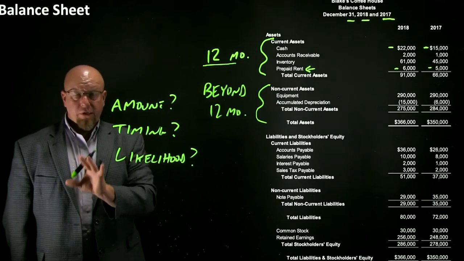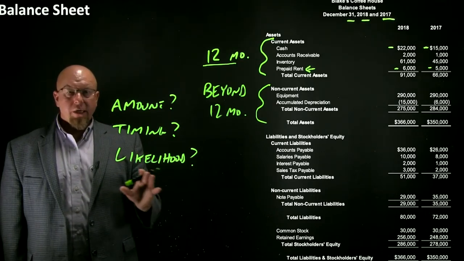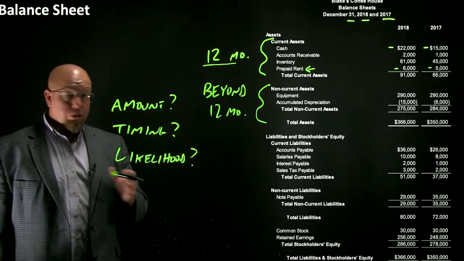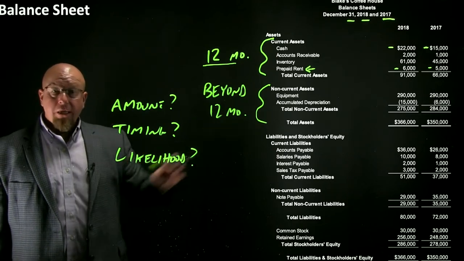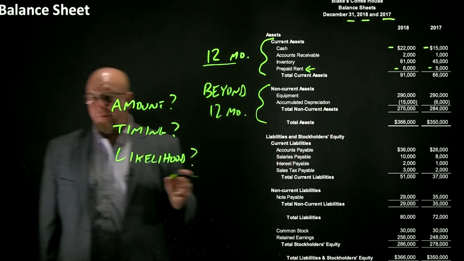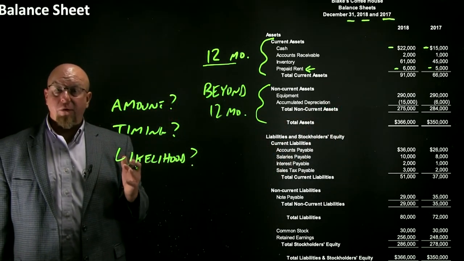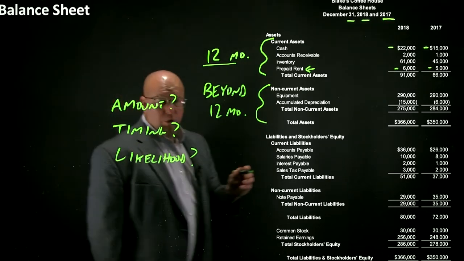They're a benefit to the company. The company can use these assets to run its business, but we don't expect them to be converted to cash within the next year or used up within the next year. We expect to have these for a while. In fact, if you were to convert these to cash, that might not be a great thing for the business because eventually you wouldn't have anything available to be able to run the business. Now, then we have total assets.